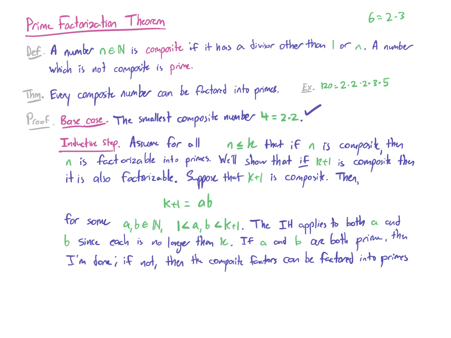And the result either way will be a product of primes that give me k plus 1. So this would give me a prime factorization for k plus 1, as was to be shown.